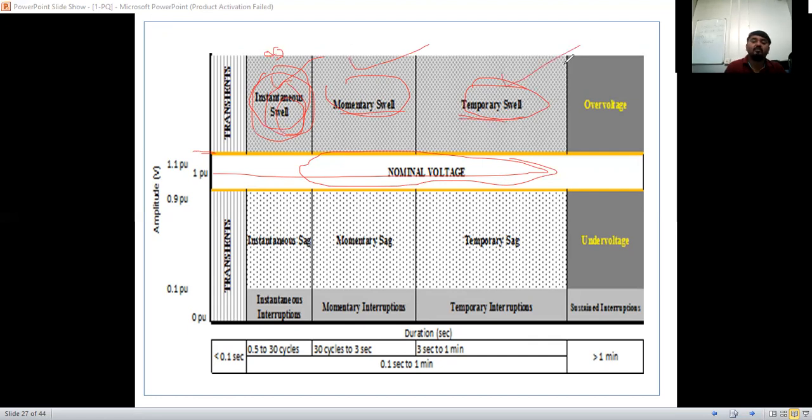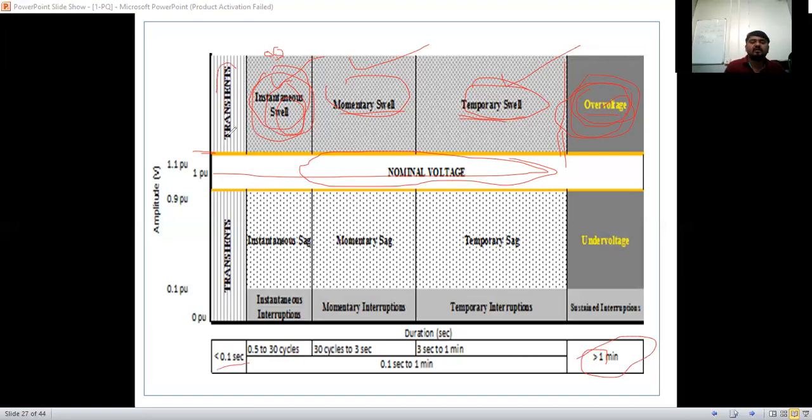If the duration is greater than 1 minute, that is called over voltage. If it is less than 0.1 second, that is called transients.